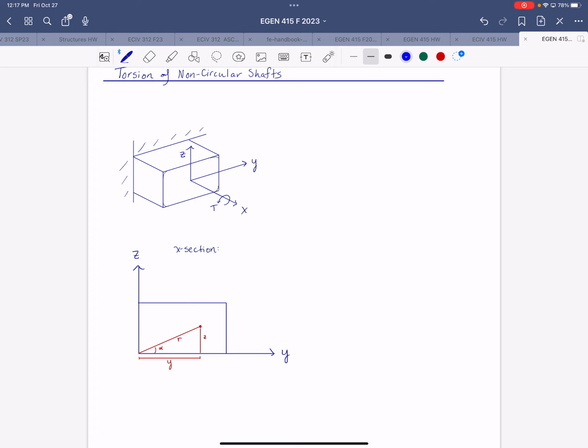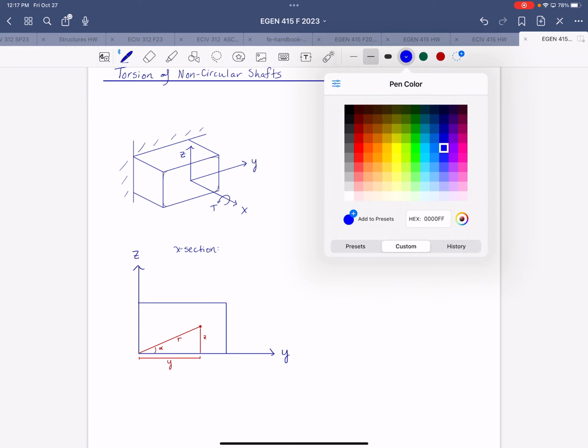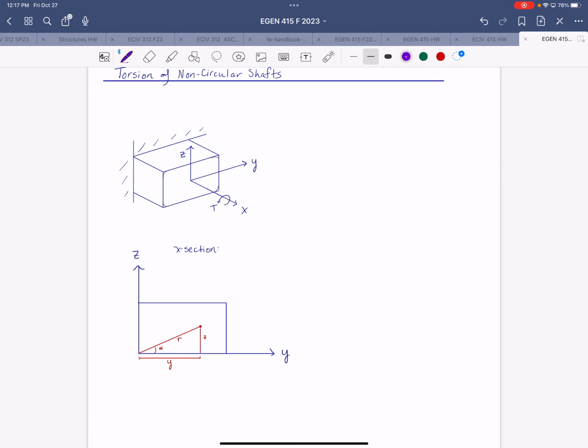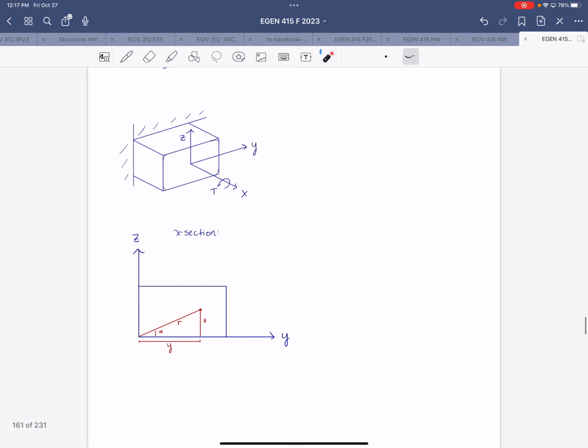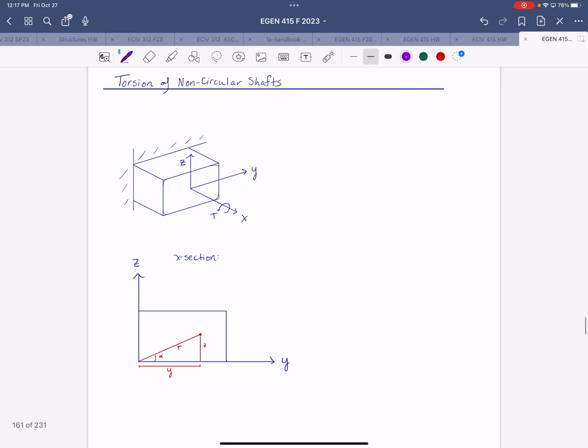So here, let's go to purple. We've got a rectangular cross section, right? And we're going to define a warping function in the cross-section plane.